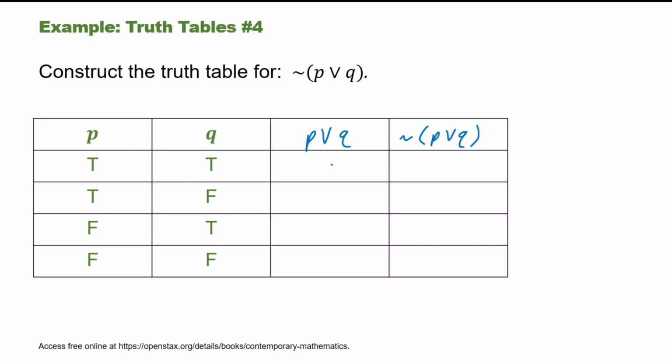If there is any true, then the OR is true. So the third column is true, true, true, false. And the fourth column, not, parentheses, P or Q, close parentheses, is the negation of column 3 so that it produces false, false, false, true. And that is the truth table for that statement.